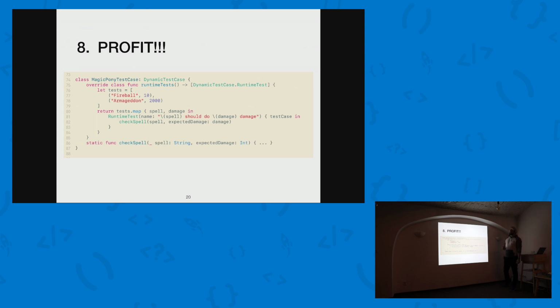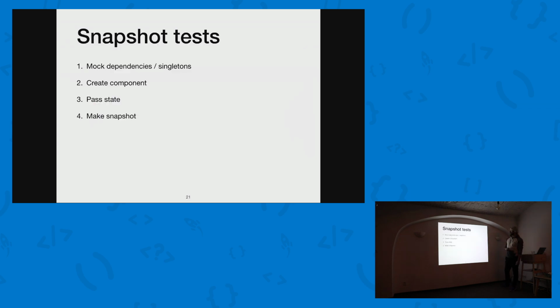And this is not everything. In our company, we're doing snapshot tests. There's this nice feature when you write tests, which you open your application, do some screenshots, save it, and then compare it.